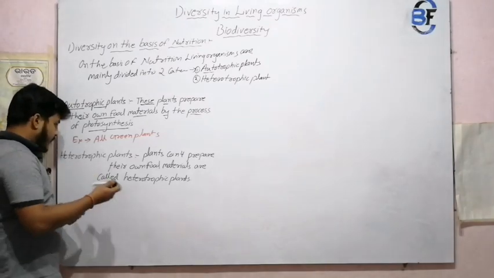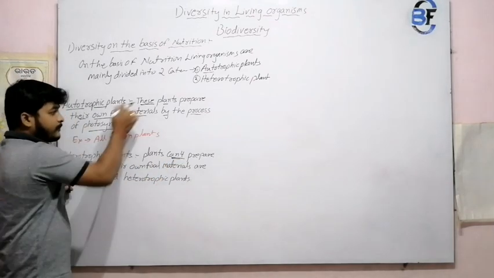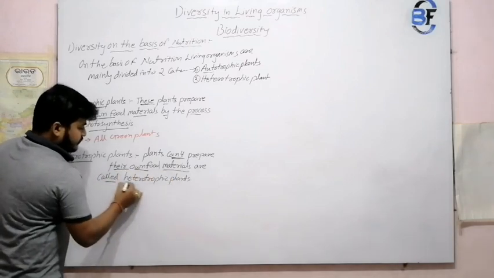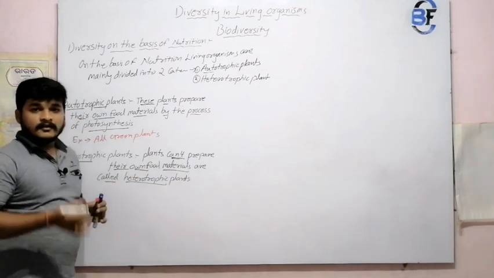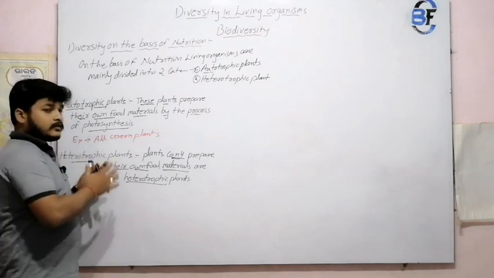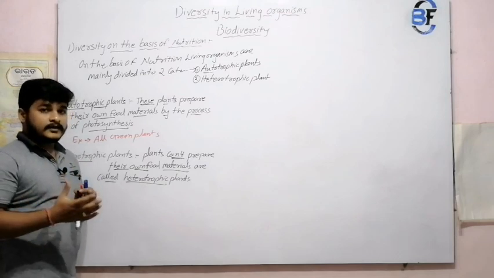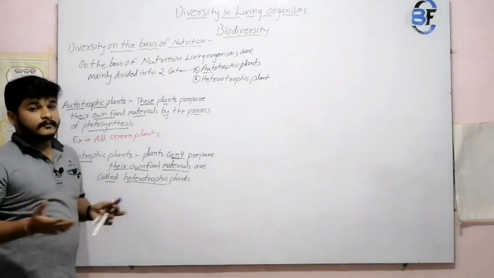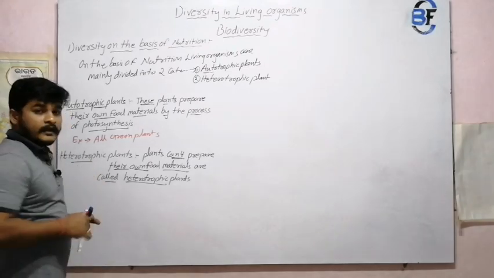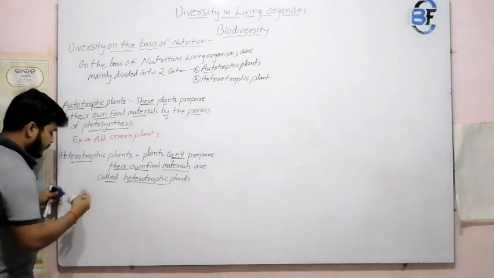Those plants that cannot prepare their own food materials are called heterotrophic plants. We all know that all green plants prepare their own food, but the exception is some plants that cannot prepare their own food by their own means, and they are categorized under heterotrophic plants.